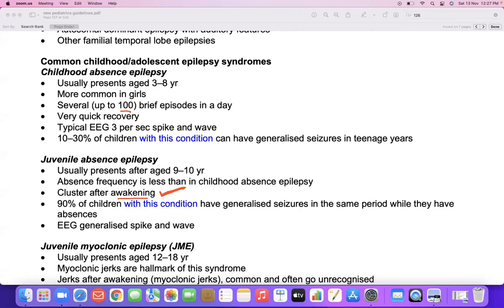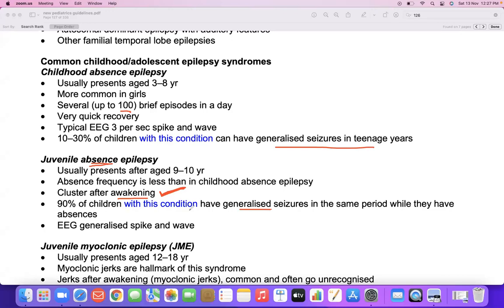90% of children with this condition have generalized seizures in the same period while they have absences. Remember, this commonly happens in teenagers, because he gave that they can go into generalized seizures in teenage years.